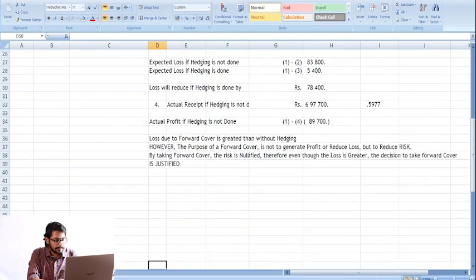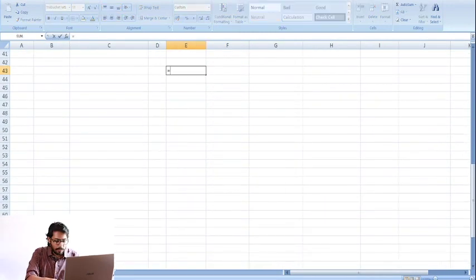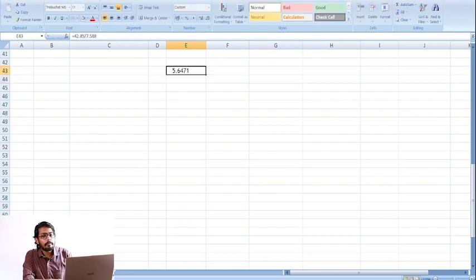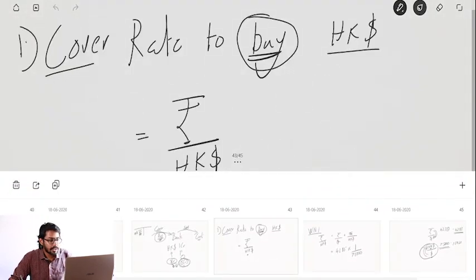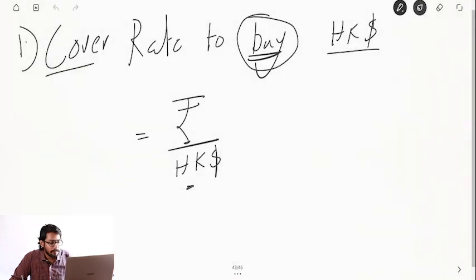So 42.85 divided by 7.5880 equals 5.6471. The cover rate is rupee by Hong Kong dollar 5.6471.